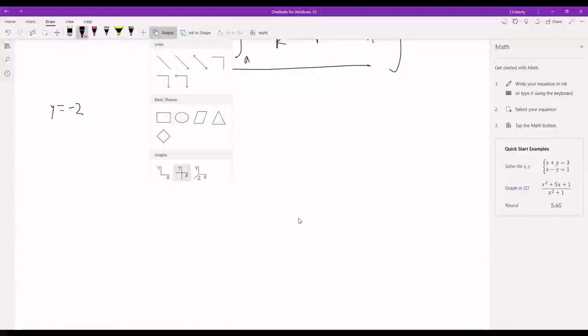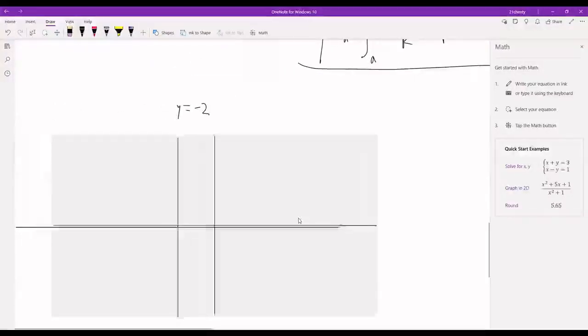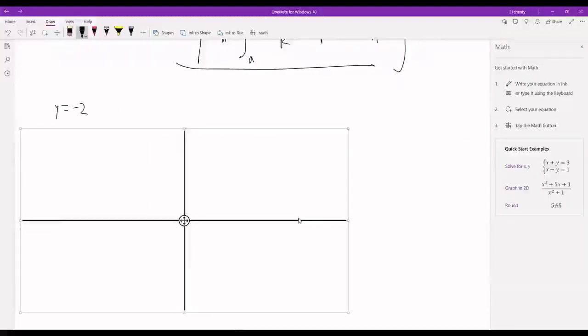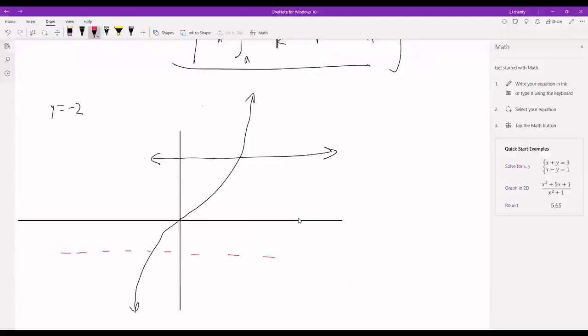Our graph looks something like, it's still x cubed, and this y equals 4. But this time we're rotating about y equals -2, down here.